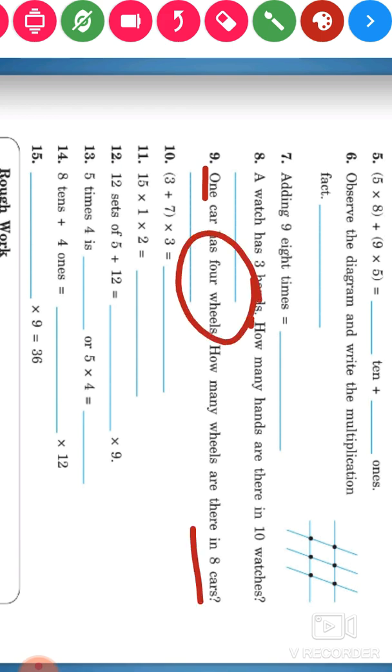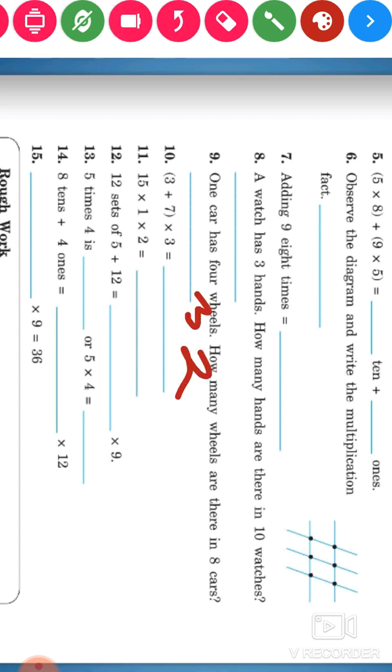So what do we have to do here? Multiply. 4 eights are 32. So our answer will be 32.